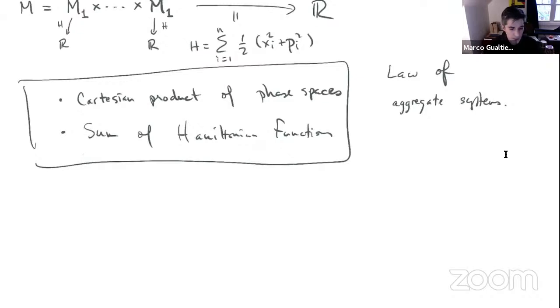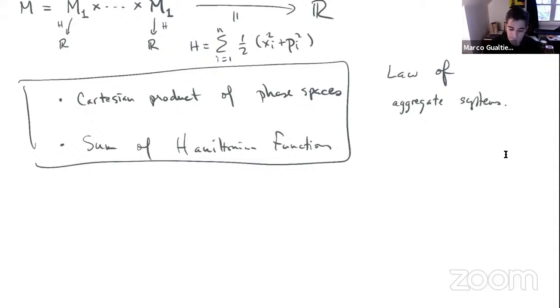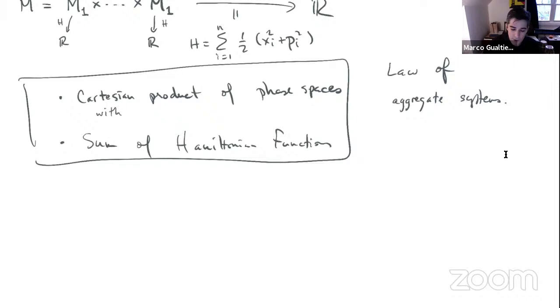So the Poisson bracket is also, well, okay, so that was contained in what I meant here. So maybe I should specify this here. You're taking the Cartesian product of phase spaces with a combined Poisson bracket.